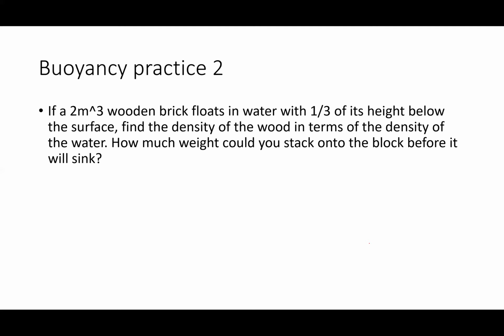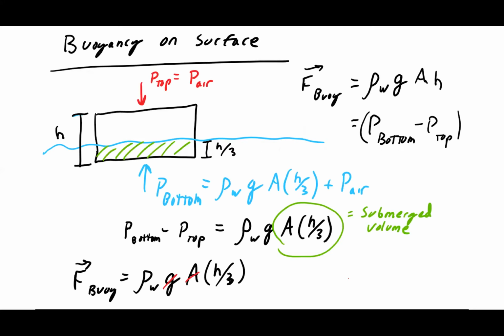So if I imagine that a wooden block is floating in water with a certain fraction of its height below the surface, I can imagine the buoyant force now still as being the volume of fluid displaced, but that just means now I'm taking the density of water times g times the submerged volume. So times this area times 1/3 of the height. So that buoyant force then corresponds to just the weight of the displaced fluid.